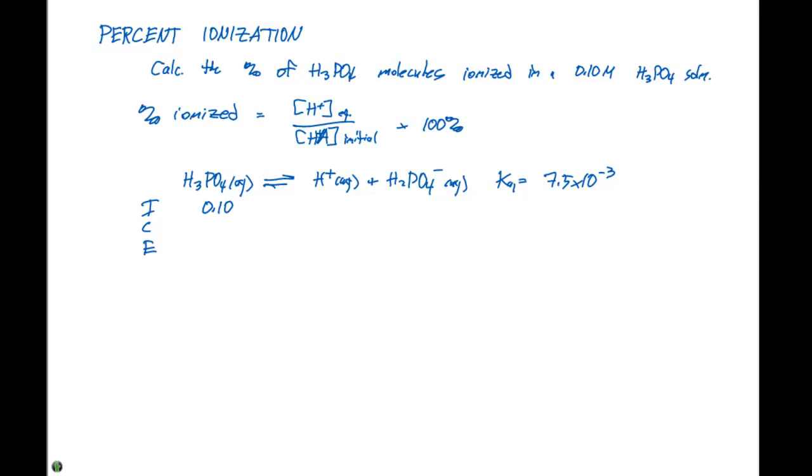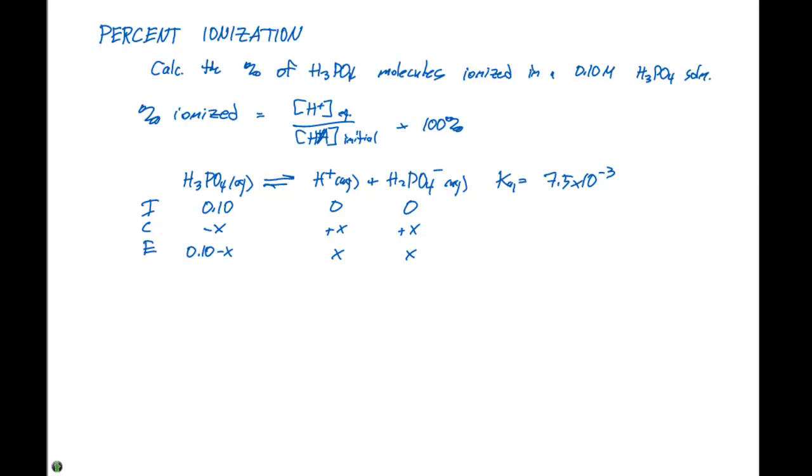Initially we have 0.10 molar for our H3PO4, and we have 0 for both the H plus and the H2PO4 minus. Our change in concentration is going to be minus X, plus X, and plus X, since we have a 1:1:1 mole ratio. And that's going to give us an equilibrium concentration of 0.10 minus X, X, and X.